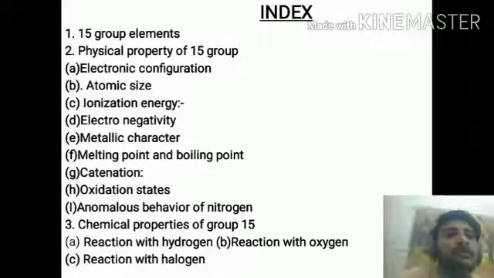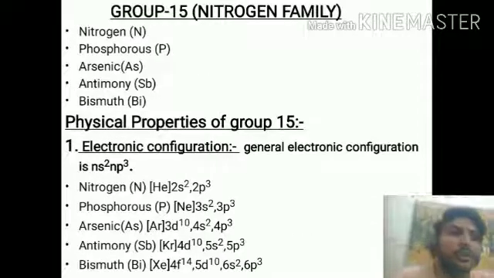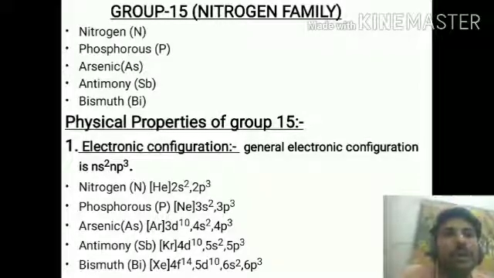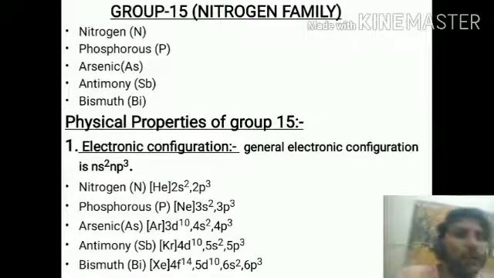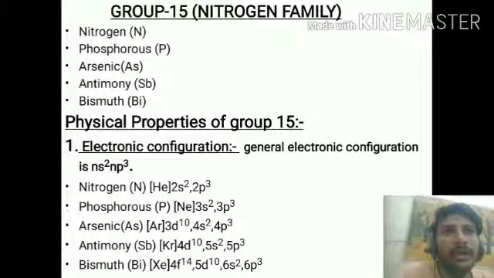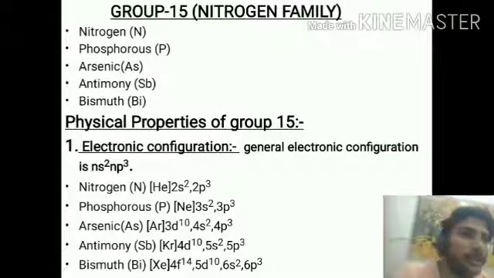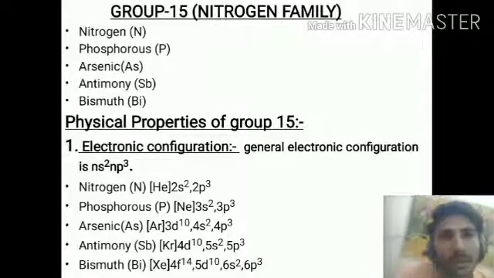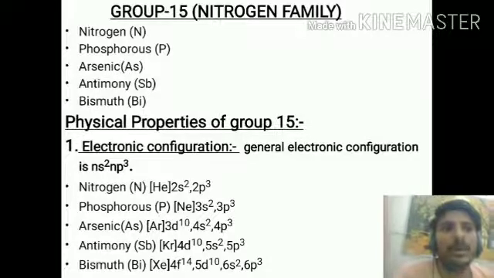Now first, group 15 elements are called the nitrogen family. I think you know the P block contains 6 groups: 13, 14, 15, 16, 17, 18. Groups 13 and 14 are already given in your 11th class P block chapter, but in the 12th class groups 15 to 18 are given.